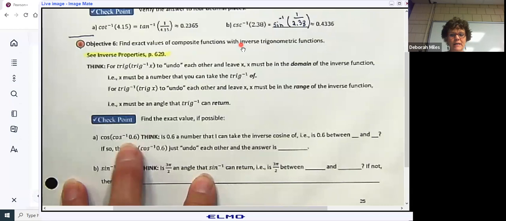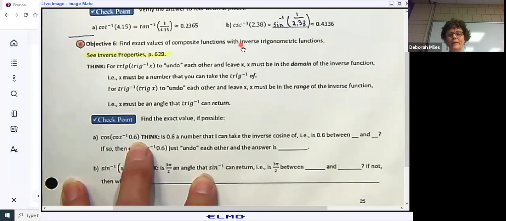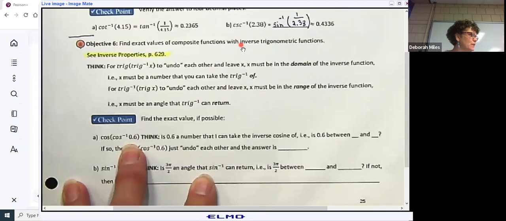My inner function here is inverse cosine. In order for me to say cosine of inverse cosine of 0.6, I have to ask myself, is 0.6 a number I can take inverse cosine of? What can I take inverse cosine of?